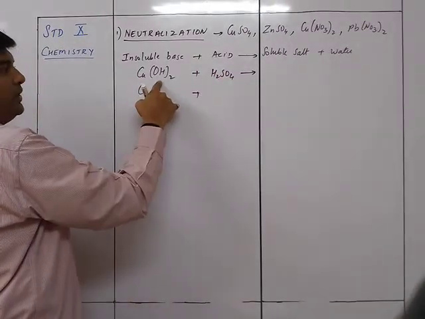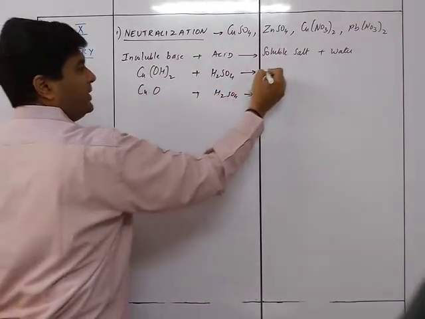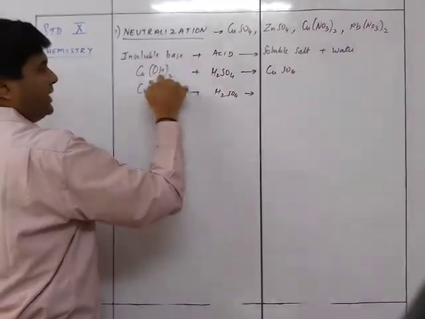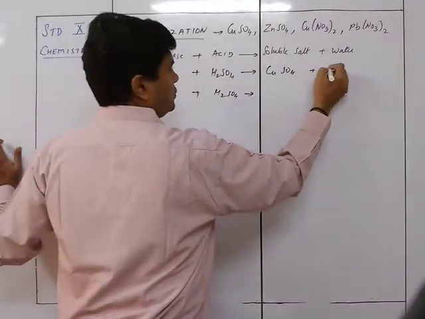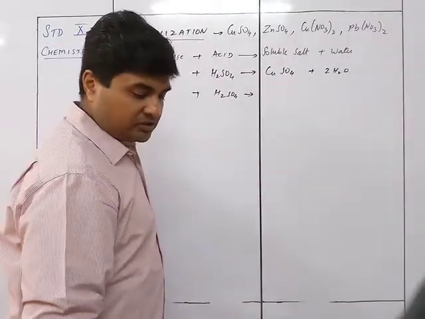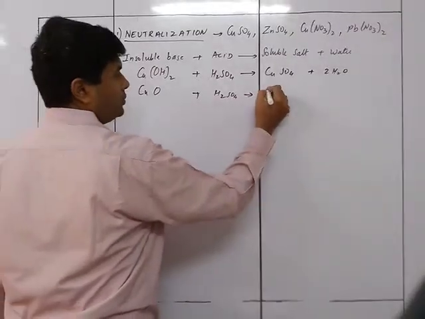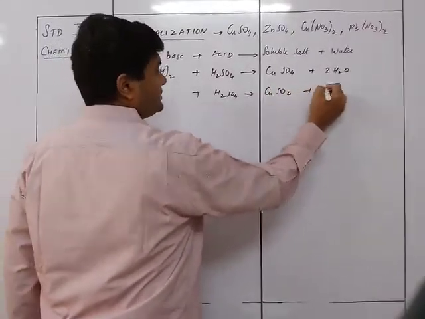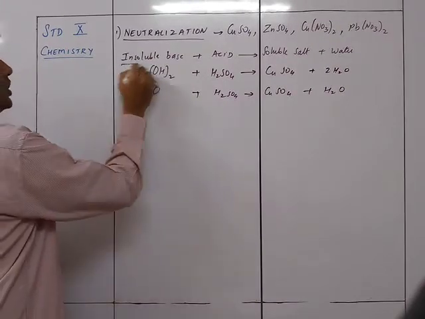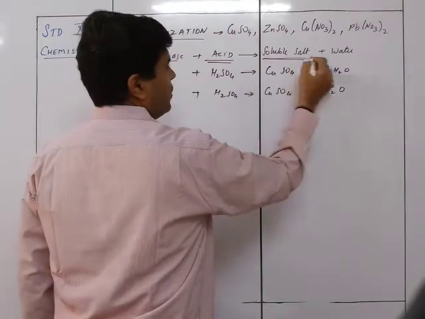So Cu(OH)2 or CuO plus H2SO4 will give me CuSO4 by double decomposition, and H2O will be given out, 2H2O in the case of the hydroxide. So this is the example of an insoluble base reacting with an acid to give a soluble salt plus water.